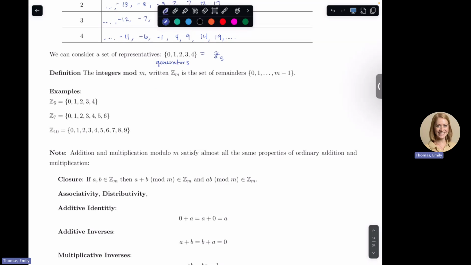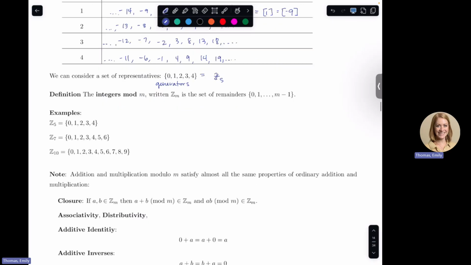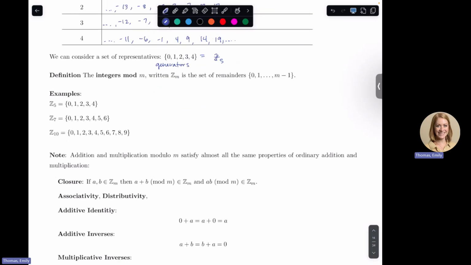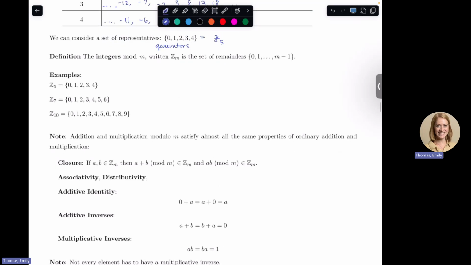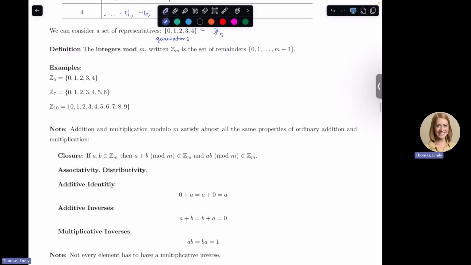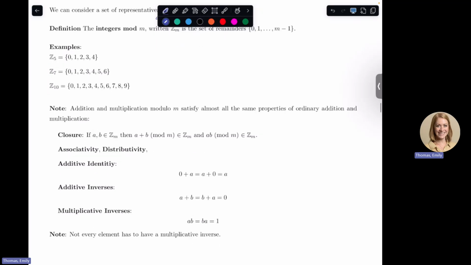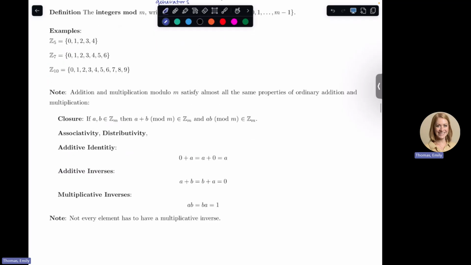So these are our cyclic groups of order 5, 7, 10. These things are cycling through. We did the equivalence classes earlier. This is just what happens with mod stuff. Addition and multiplication mod M satisfy almost all the same properties of ordinary addition and multiplication. It's closed under addition and multiplication.